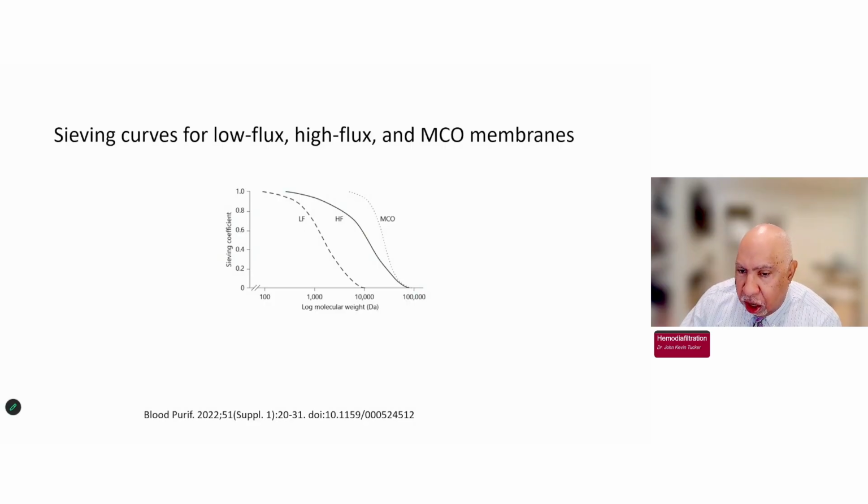With medium cutoff dialyzers, which we'll talk about towards the end of the talk, we get even greater clearance of larger solutes. So we can manipulate to a certain extent how much of a solute we can remove just by manipulating the dialysis membrane.